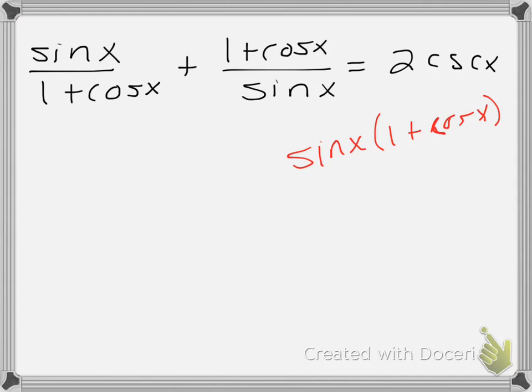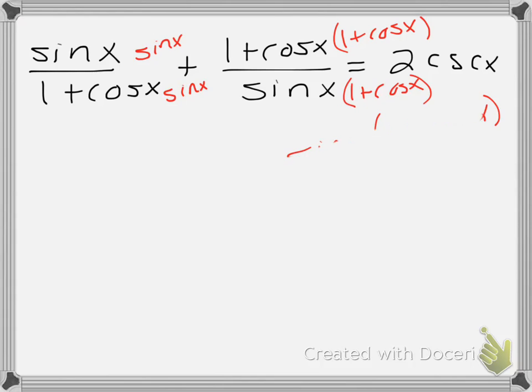So to get a common denominator, I need to multiply my first term by sine of x in the numerator and denominator, and my second term by 1 plus cosine of x as a quantity in the numerator and denominator. So let me move that so I have some room. Now I'm going to do that.